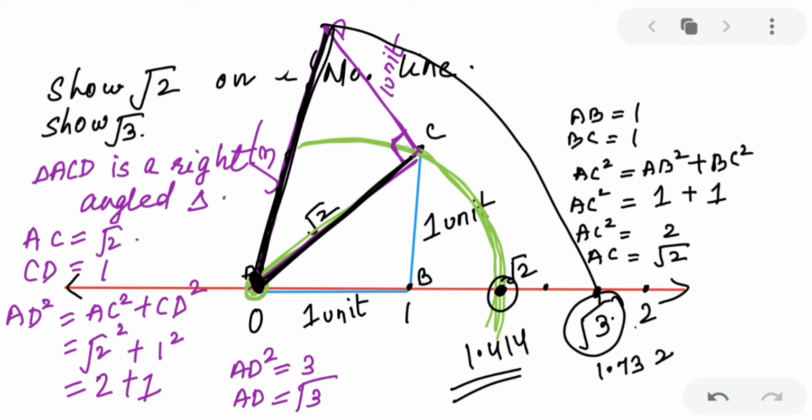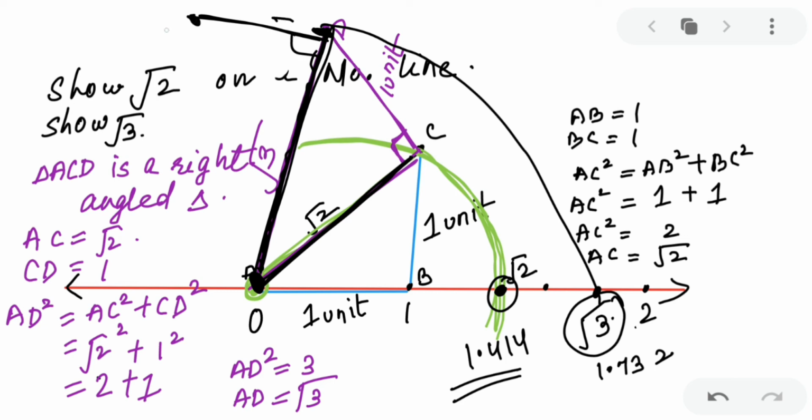Now if I make 90 degrees from the root 3 point, again of 1 unit. Always remember you are just putting out a 1 unit line from there which is perpendicular to the given line. Here I am taking the base as AD, that is root 3, and I am putting a 1 unit line.